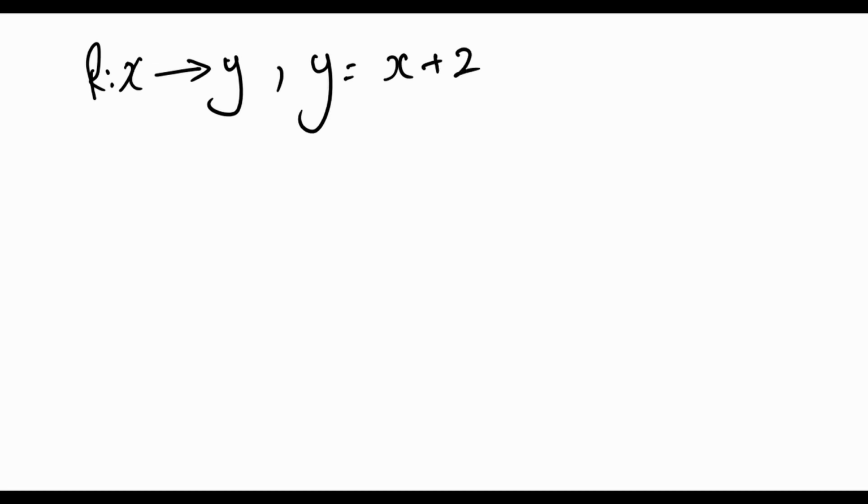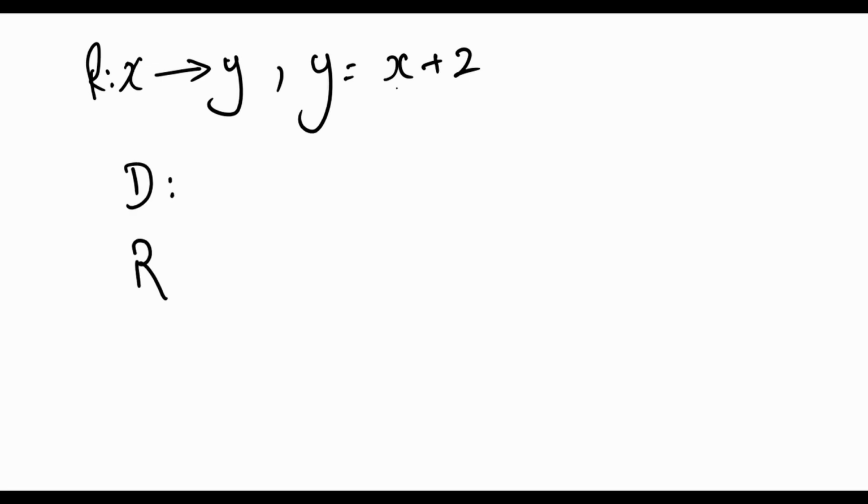So a relation can also be written like this: a relation such that x is related to y, where y is equal to, say, x plus 2. So this is another relation in terms of equations, right? In this case, you know how to find the domain and range.